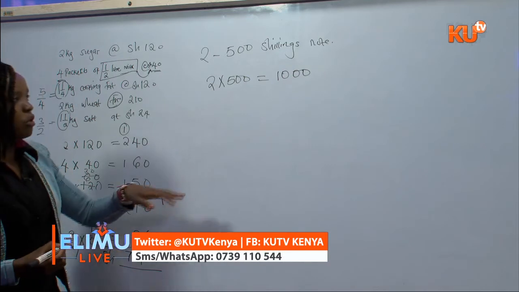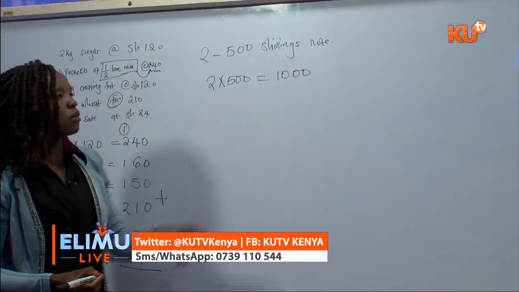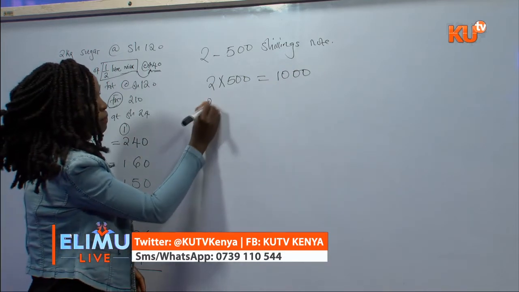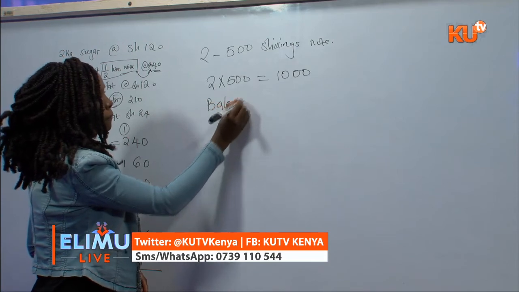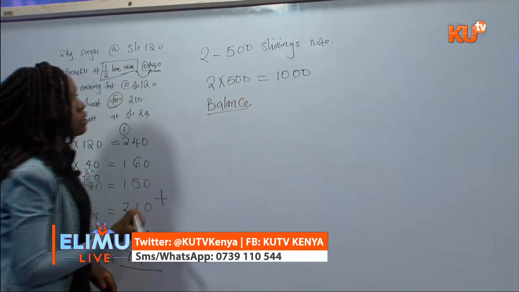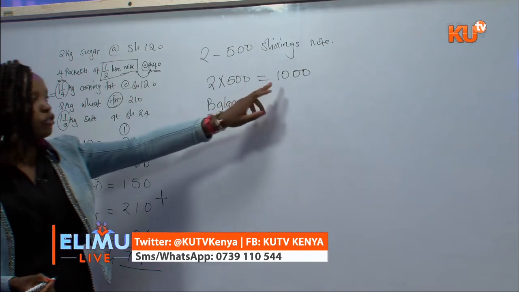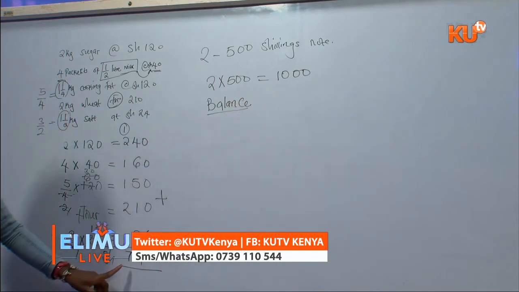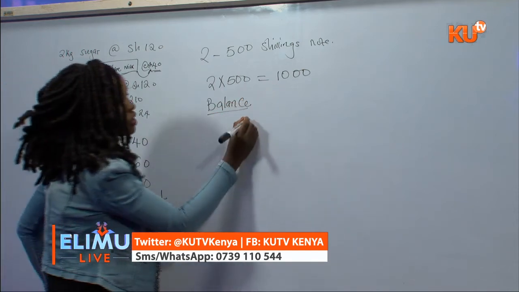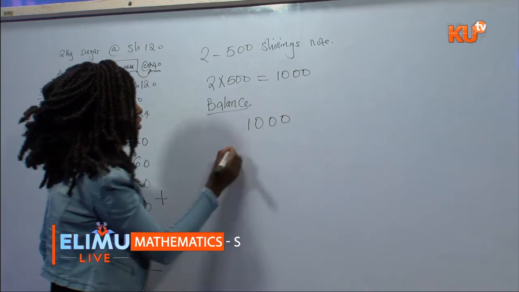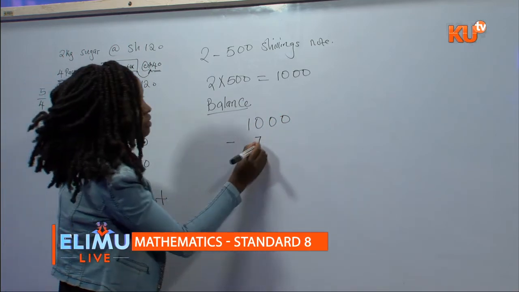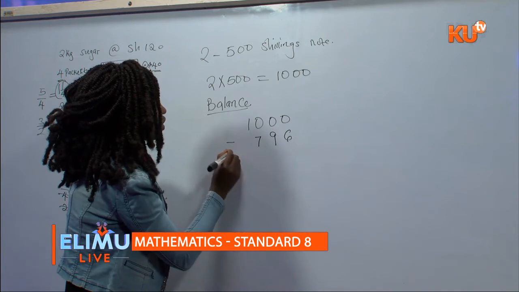So meaning that the amount of money that she gave out was 1,000. We get the balance. To get the balance, we take the amount of money given minus the total cost of the items, which is 1,000 shillings minus 796 shillings.